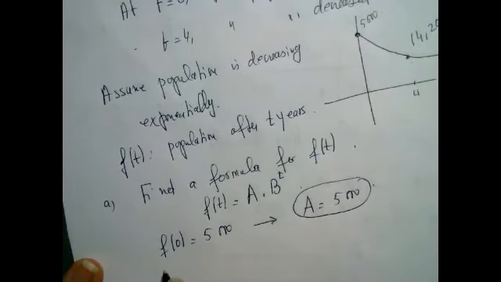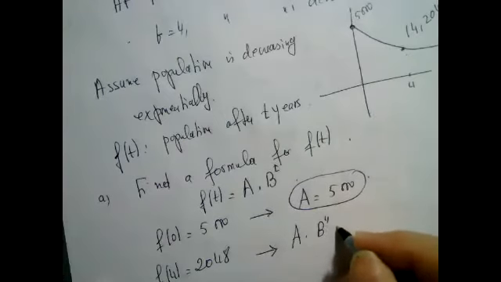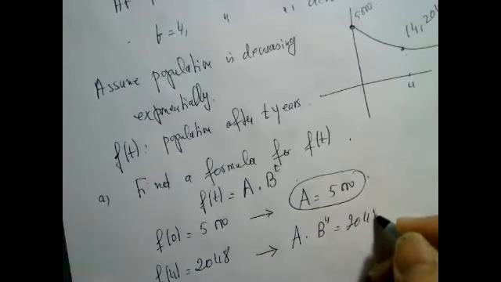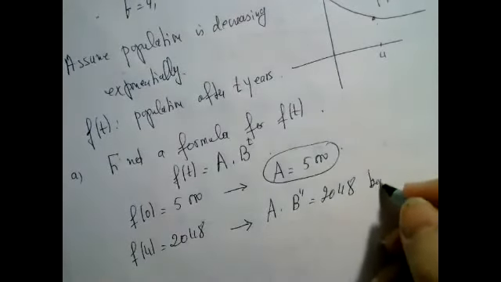Now, after 4 years, the population decayed to 2048. It means that a times b to the 4 equals 2048.